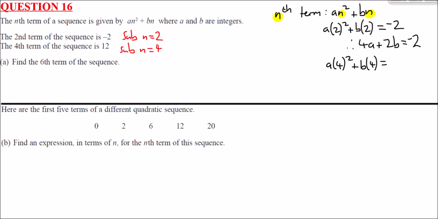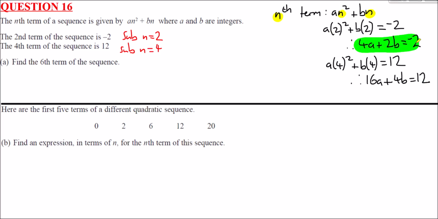And that'll tell us what the fourth term is, which is 12. So therefore a times 4 squared, which is 16a, plus b times 4, which is 4b, that equals 12. So I've now generated two equations which I can now solve simultaneously.